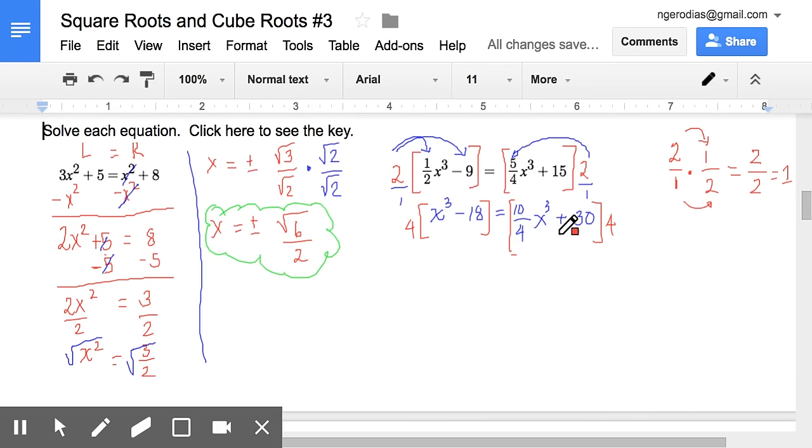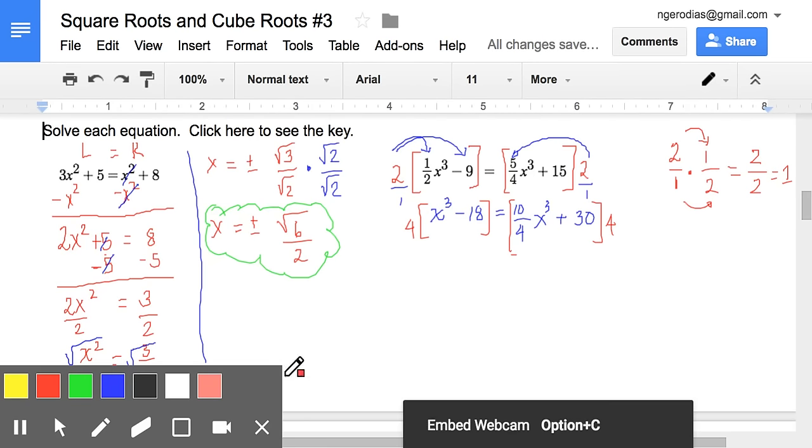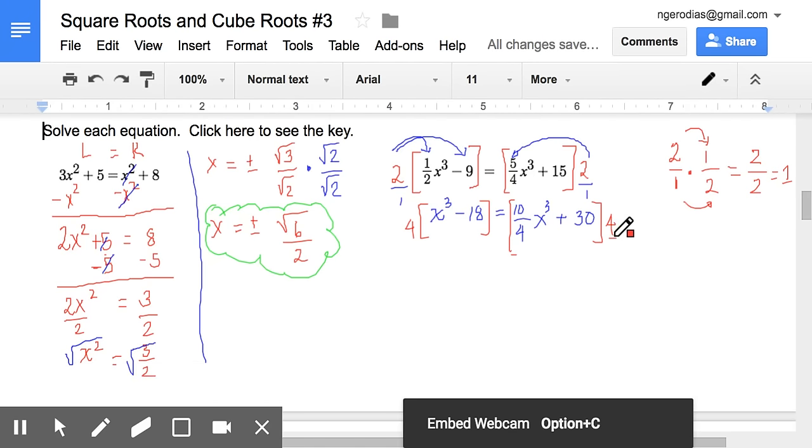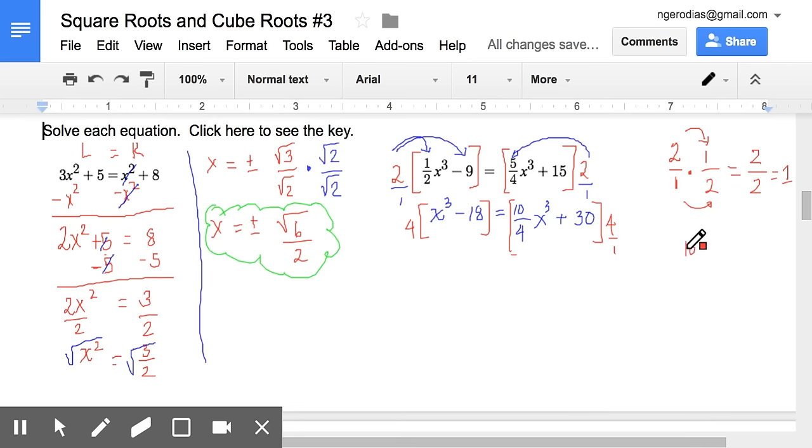Because if I have 10 over 4 times 4 over 1, it's going to give me 40 over 4, or I can cancel this, and I'm going to get 10 over 1, or simply 10, and therefore no more fractions.